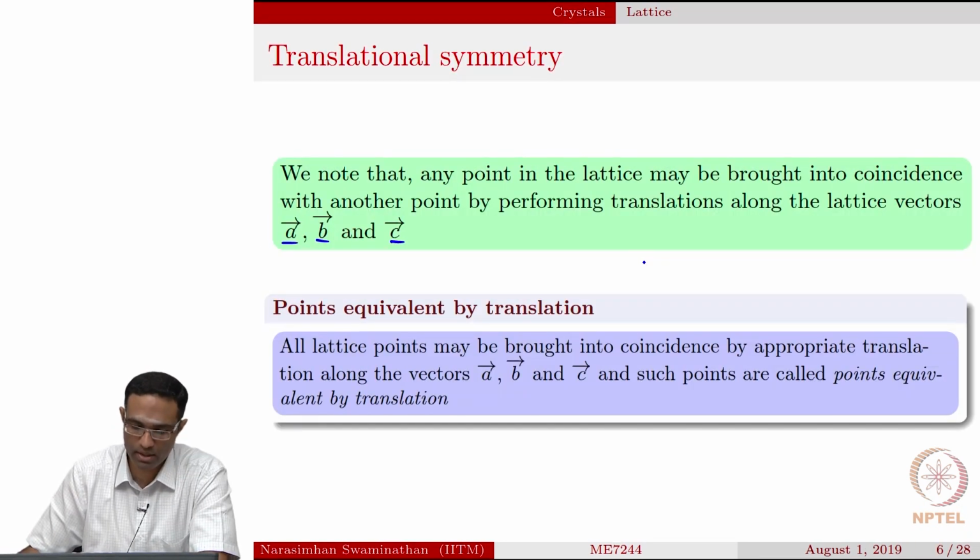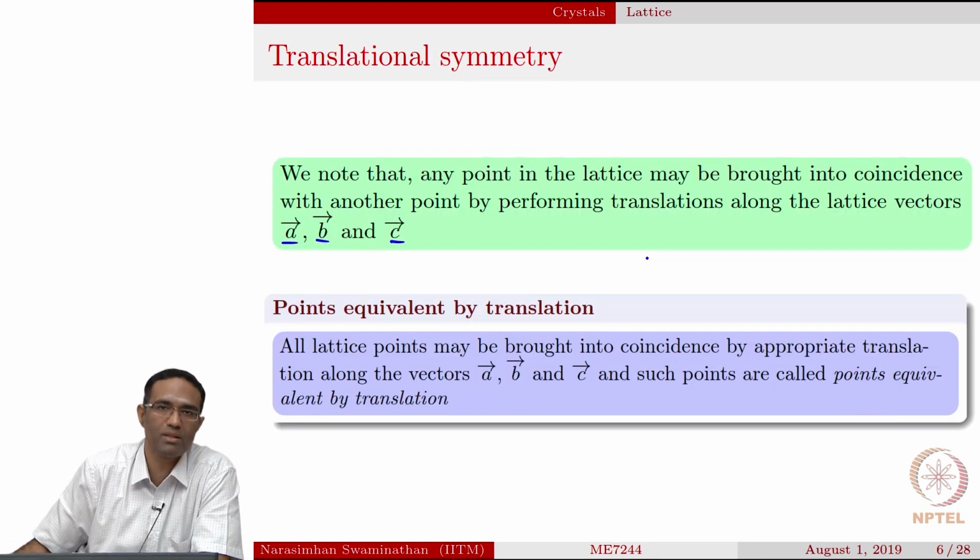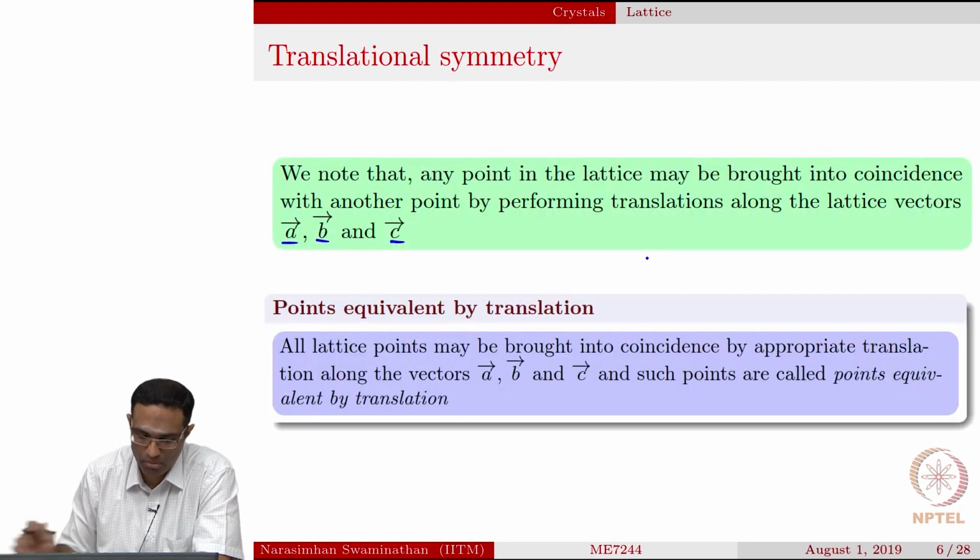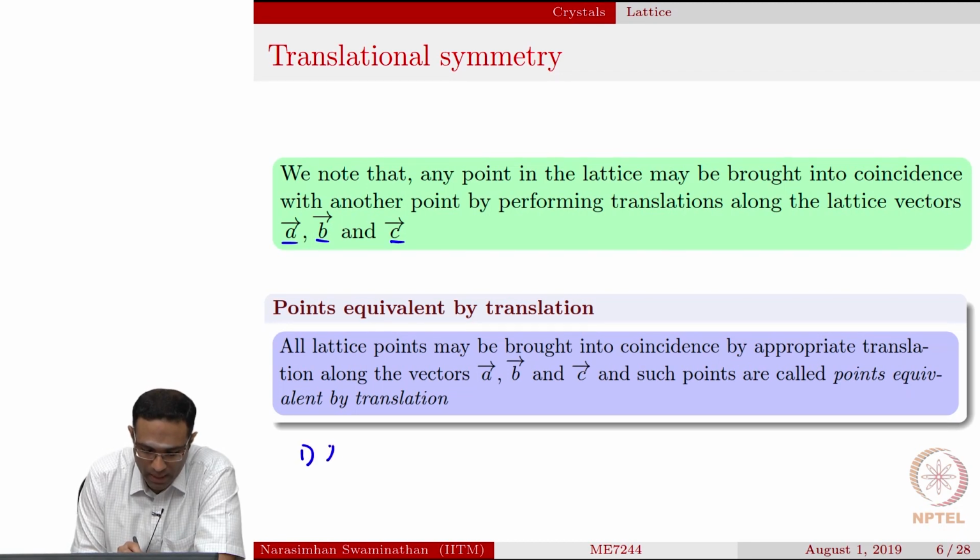With that, we have introduced what is referred to as a lattice. So, in summary, we need to remember that when we talk only about a lattice, it is only an imaginary set of points.